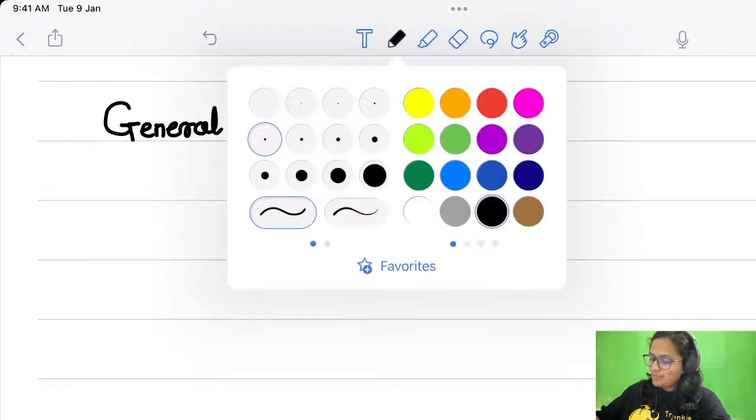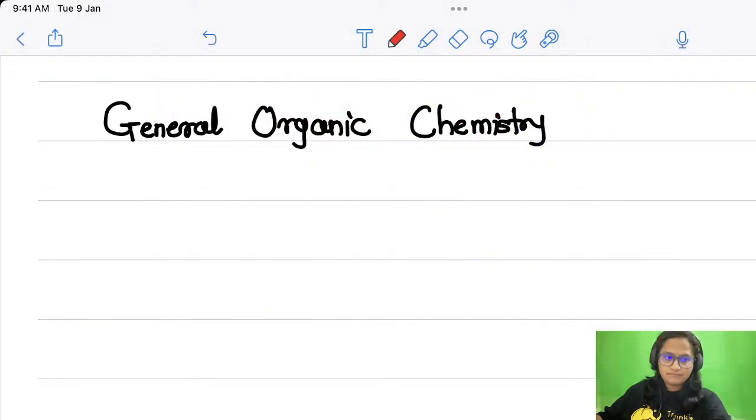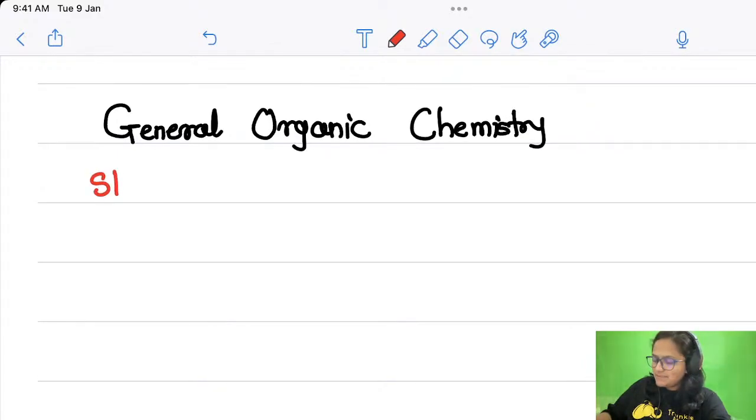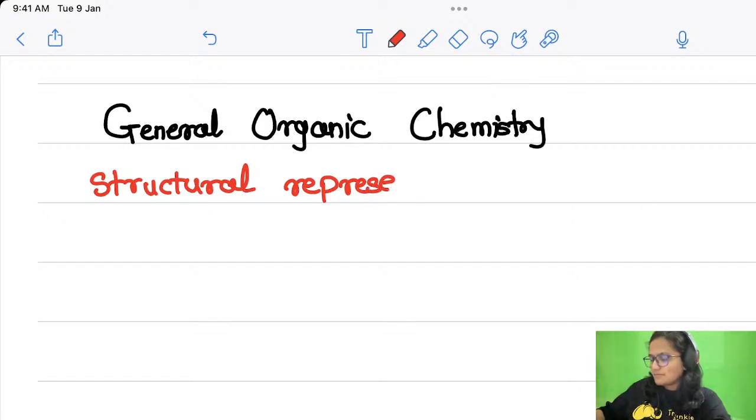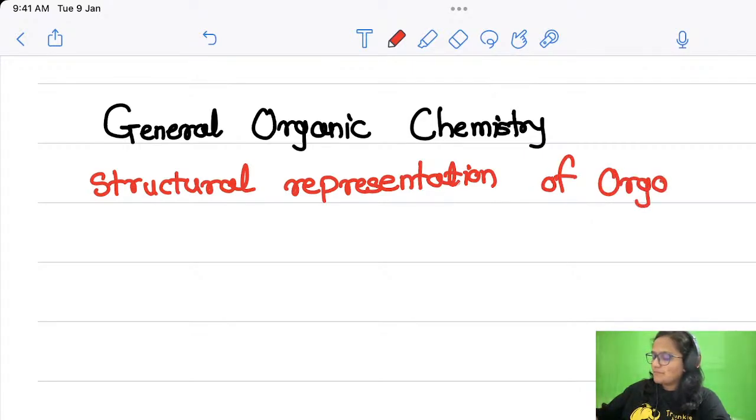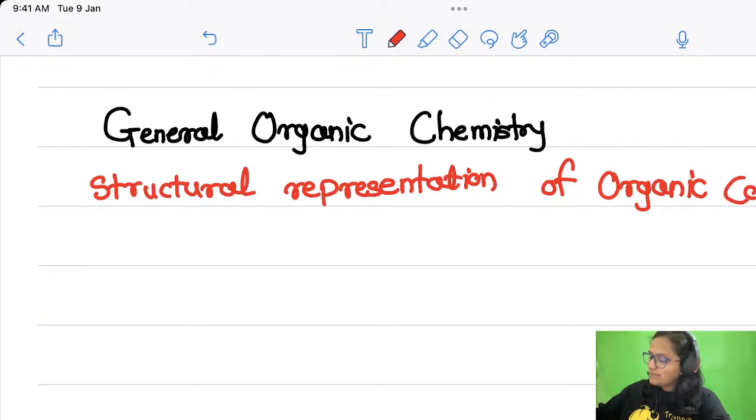And the title of the topic is Structural Representation of Organic Compounds.